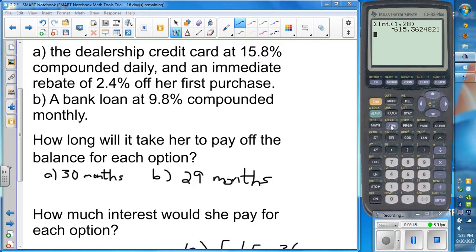So we go once again, go into Apps, Finance, scroll down, go to Sum of Interest, hit enter. Now this time we want 1 to, and 30 months, and it was actually closer to 30 than it was to 29, so I'm going to put in 30. And let's hit enter. So then my total interest would be $1,054.10.